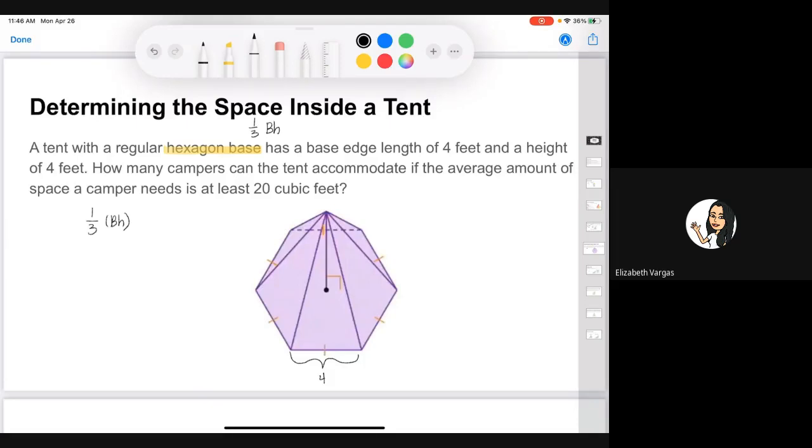Okay. So now I want to go ahead and identify the area of my base. Again, my base is a hexagon, so I want to use 1/2 base times height.